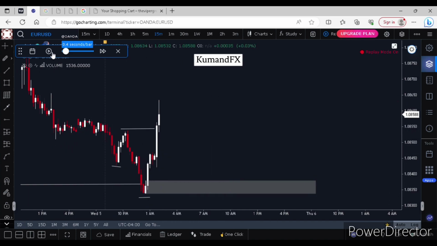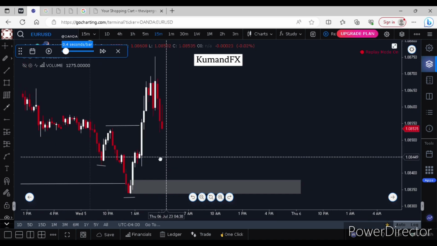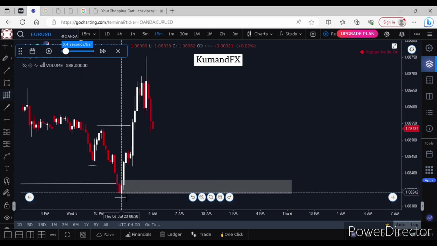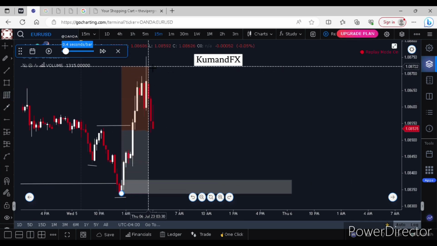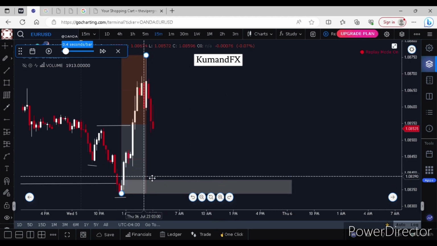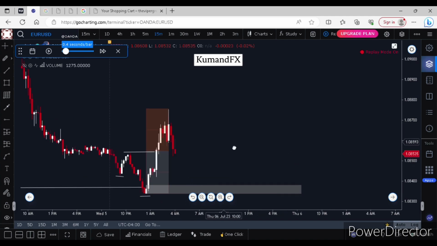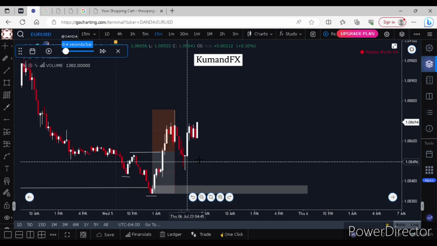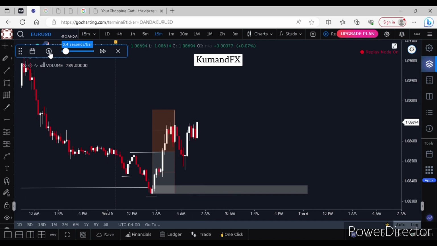Okay, so now we'll play price forward. So price puts in a new high. Looking from picking our premium and discount level, from that previous low to the previous new high, we can see that our point of interest is sitting comfortably within the most discount level of that price range.